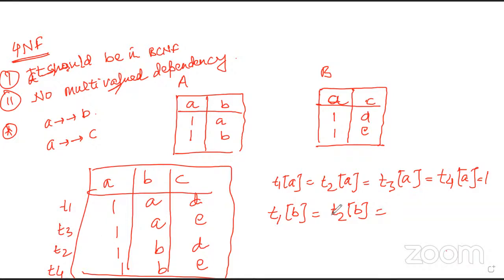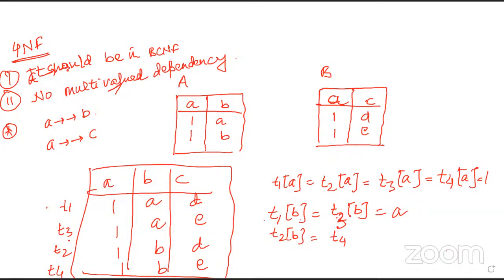No, this is T3. T1B and T3B. Yeah, here you can see this is T1 and this is T3, right? So A and T2B equal to T4.